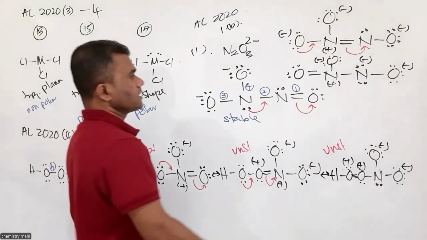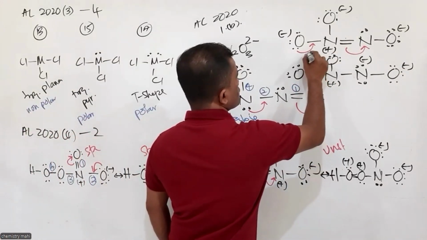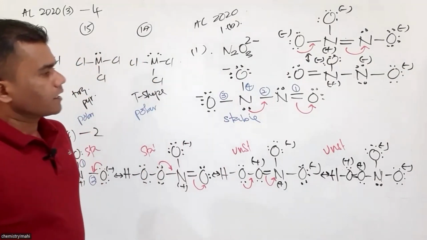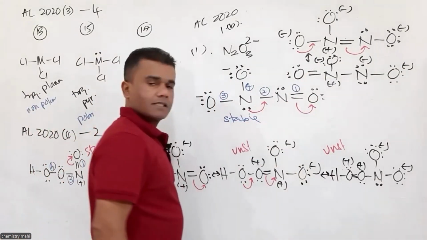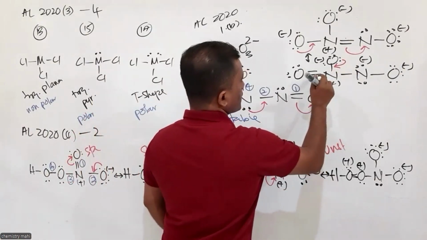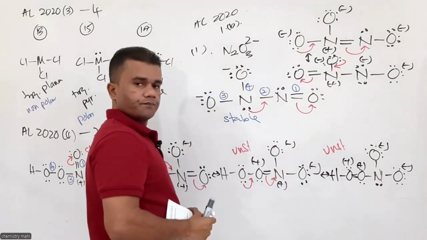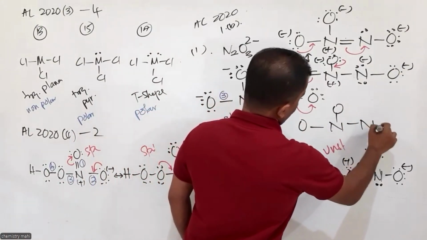I hope you can see. These two interchange. Now I have one more structure to get the double bond to this place. For that, we have to give the lone pair here, make the double bond, then this bond should be broken. We have the same skeleton, ONO, like this.